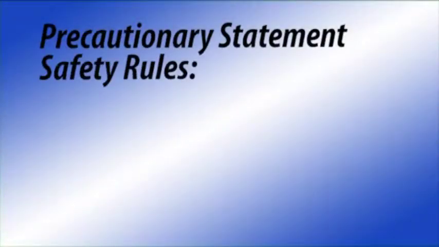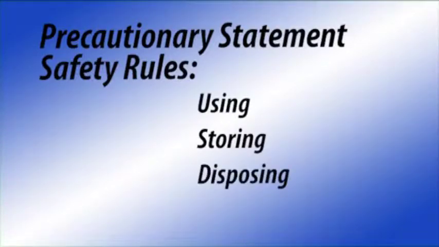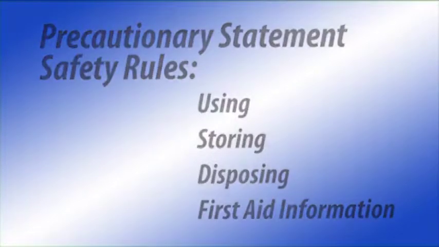The precautionary statement basically provides all the safety rules you should follow when using, storing, and disposing of a chemical. But one of the most important pieces of information in this section is first aid information. Always be familiar with first aid requirements of chemicals you are using.